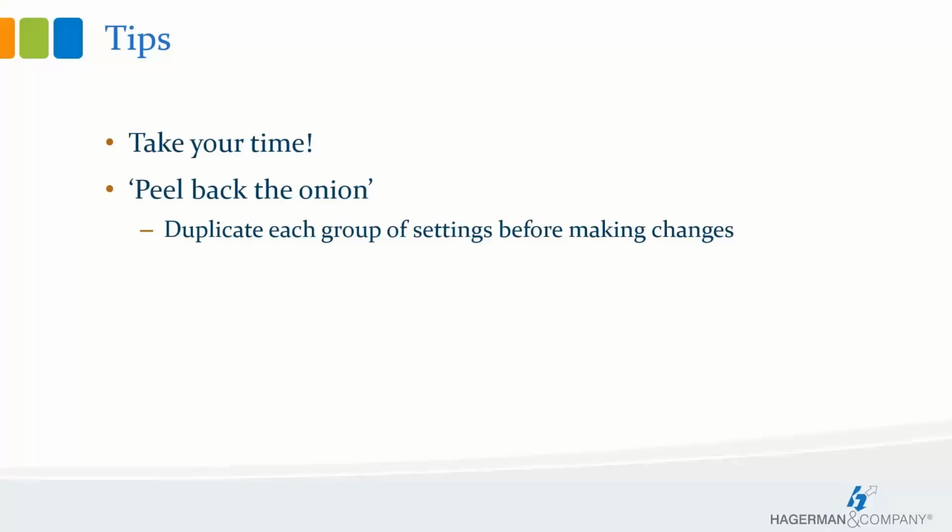Once it works, then go to the next layer of the onion. And also remember to duplicate each one of those sub settings before you make any changes. That way you can preserve the out of box, and you have something to fall back on if you decide to sometimes start over and things like that.